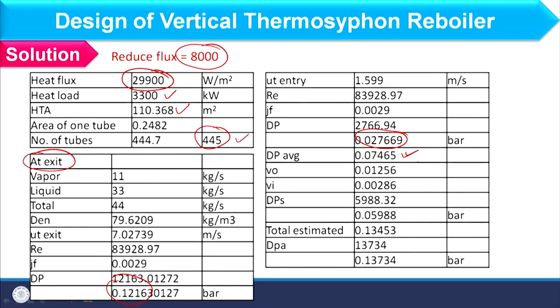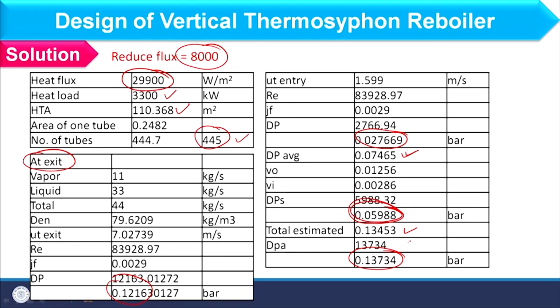So, average pressure drop due to friction in tube side is 0.7465 bar, right. So, further if I consider the static head, that will remain same as we have considered in previous iteration. So, total pressure drop in tube side due to friction and due to static head is 0.1345 bar, and total available pressure drop is 0.137.